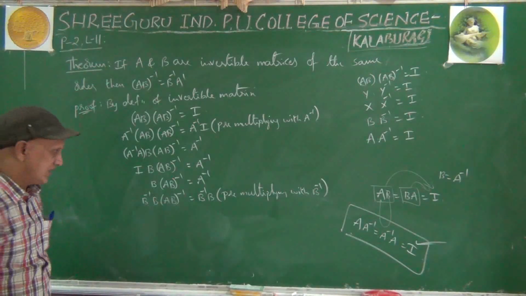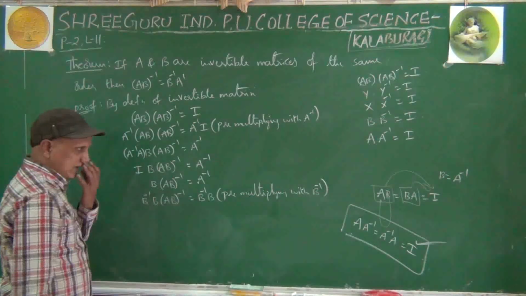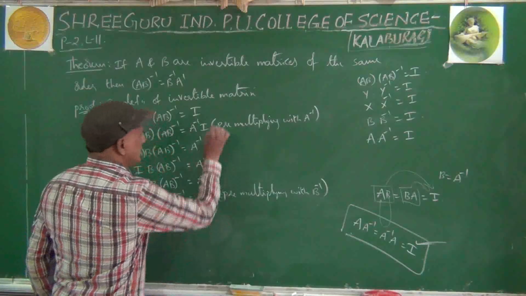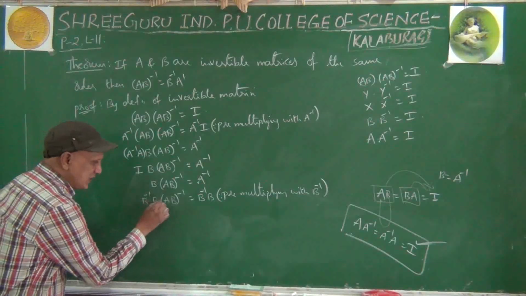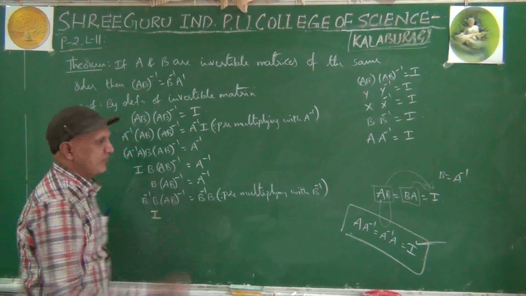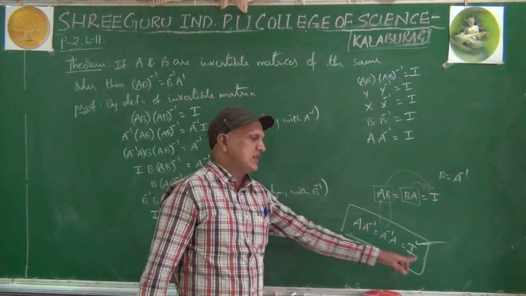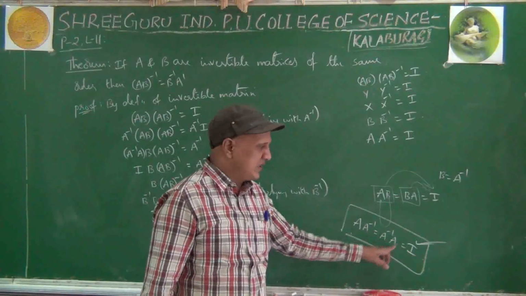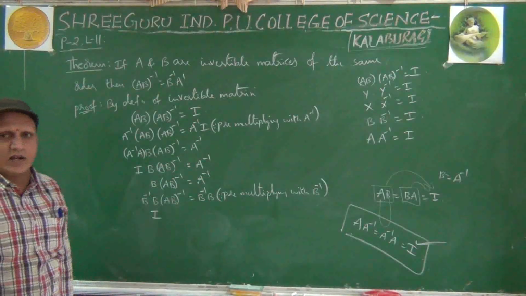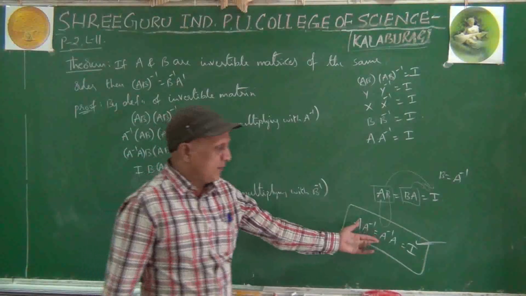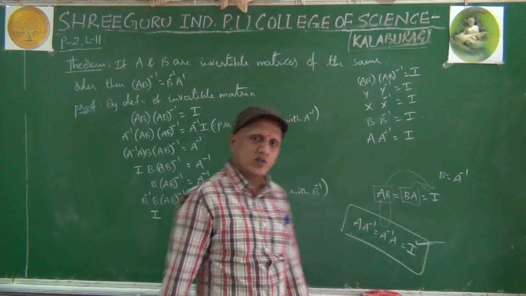B inverse into B is I, same like A inverse into A equals I. Why? Because in the question they gave A and B are invertible matrices. That's why we can write B inverse into B as I.